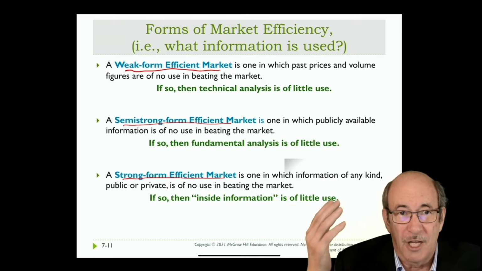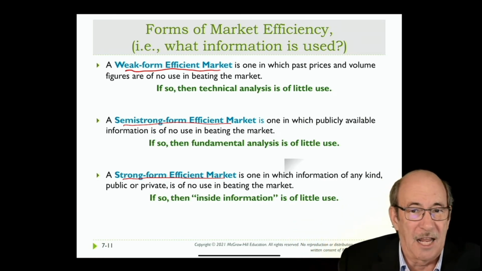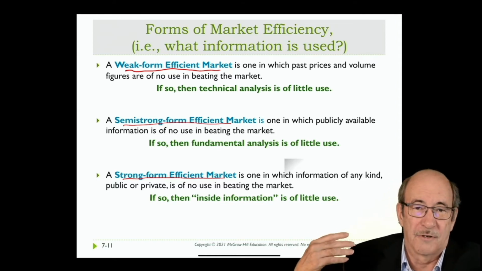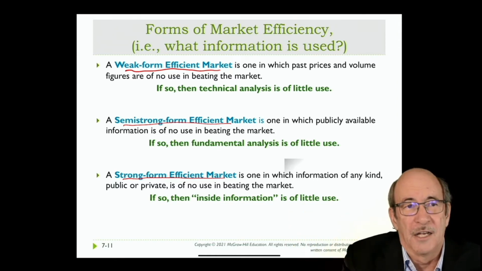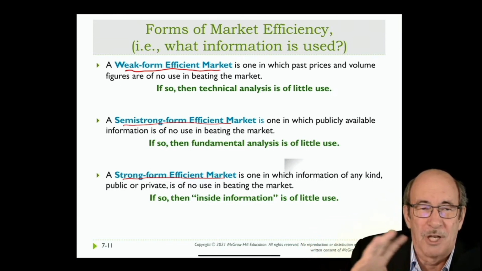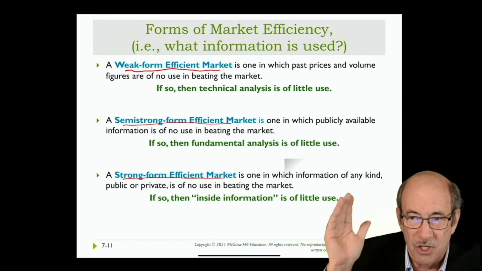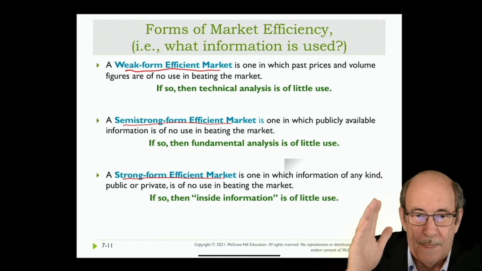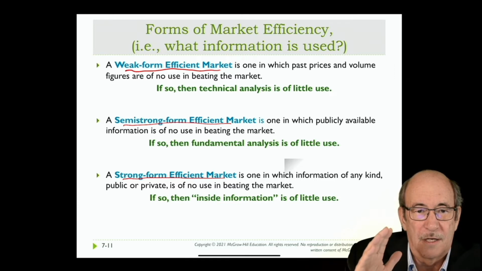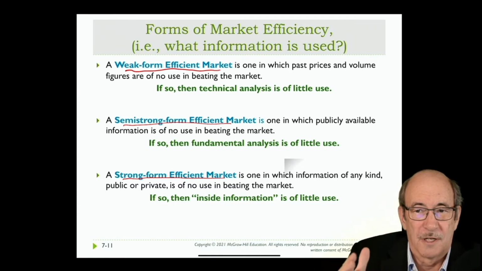So I go out to the sec.gov site, I go to Edgar, and I search through the 10Ks, the 10Qs, I search through the proxy statements, I go online, I search all the articles, I understand what was happening in the economy right up to this second. And then I use all that information and I try to beat the market. And if I can't beat the market, then markets are said to be semi-strong form efficient.